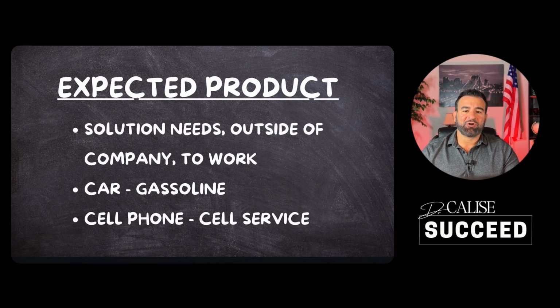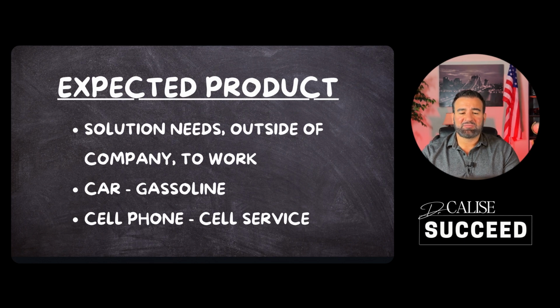So for example, in order for you to actually make a phone call, you need cellular service: Verizon, AT&T, T-Mobile. Now, Apple doesn't own Verizon. Apple doesn't own AT&T. Apple only creates the phone, but you need a third-party outside entity in order to have cell service.